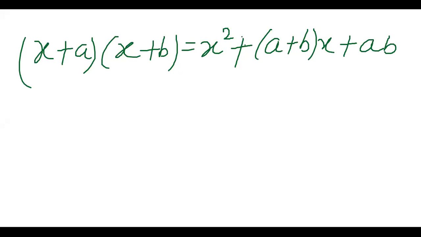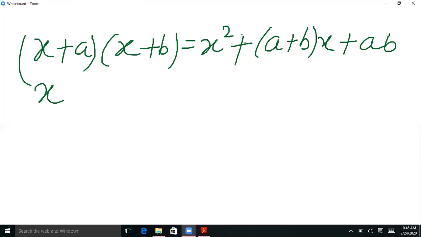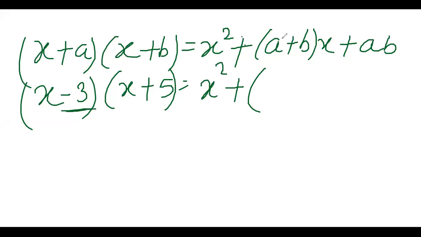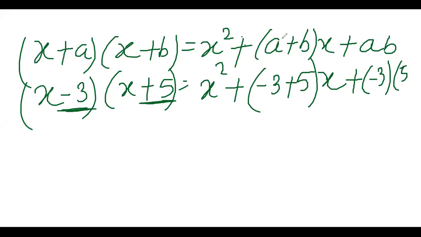right? And here we have the statement (x minus 3) into (x plus 5). So here x square plus, at the place of a we'll put minus 3 plus, at the place of b we'll put 5, into x plus minus 3 into 5.